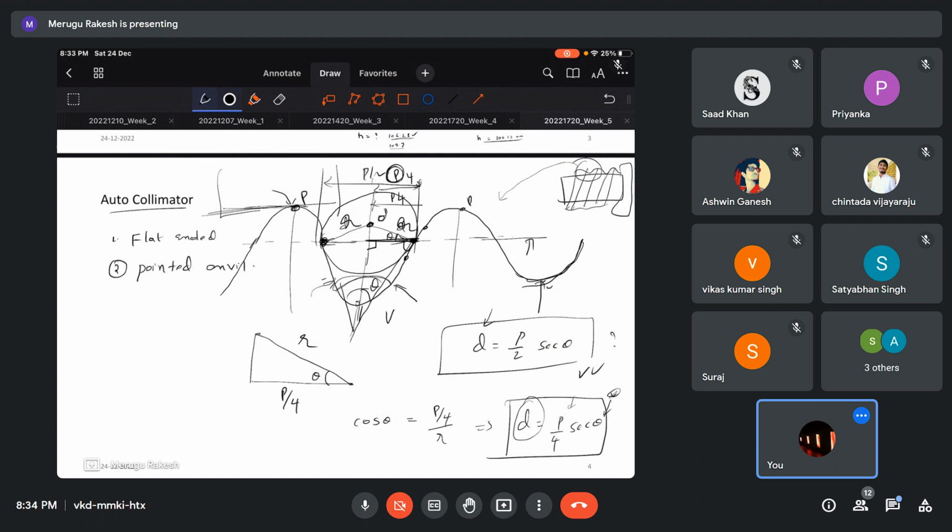They might ask you this theoretically. So I just mentioned those. These are fine for measuring the maximum size. For internal measurement, suppose I have an internal screw thread, what would be the best way to measure? In this case I can easily measure, it is an open screw, I can easily put the flat or pointed anvil, but in case of internal threads, how to measure things like pitch?